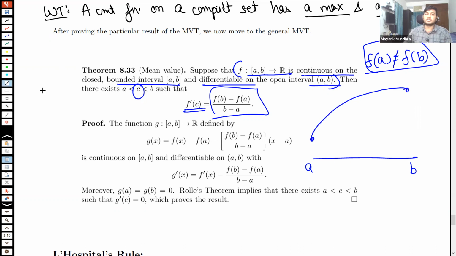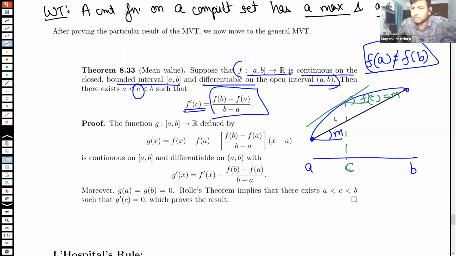Now, if I connect these two points a and b, I have a line segment with some slope m. So what mean value theorem says is that there will exist some point c here where the slope will be equal to m. There will exist some point c here where f prime of c will be equal to m.